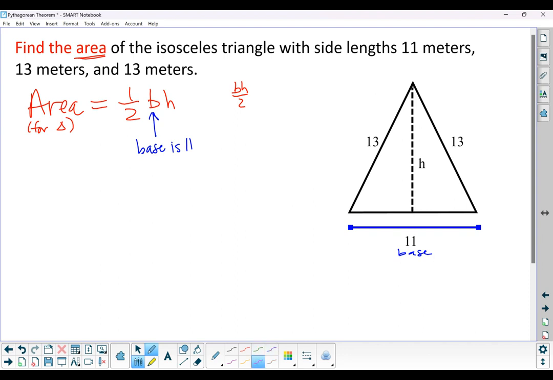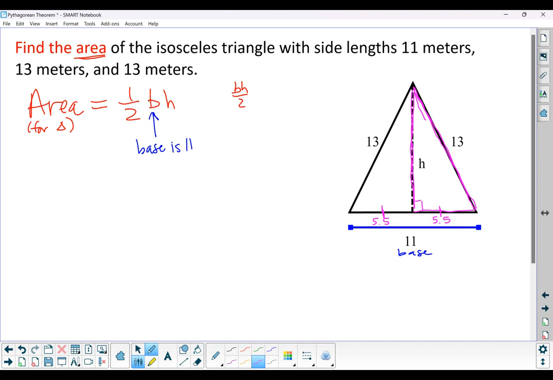So what we're going to do is the height of the triangle is always measured at a right angle. So this creates this little right triangle. And because this is an isosceles triangle, this is cut into 2 equal pieces. So if that base is 11, this part of the base is half of 11, and this part of the base is half of 11.